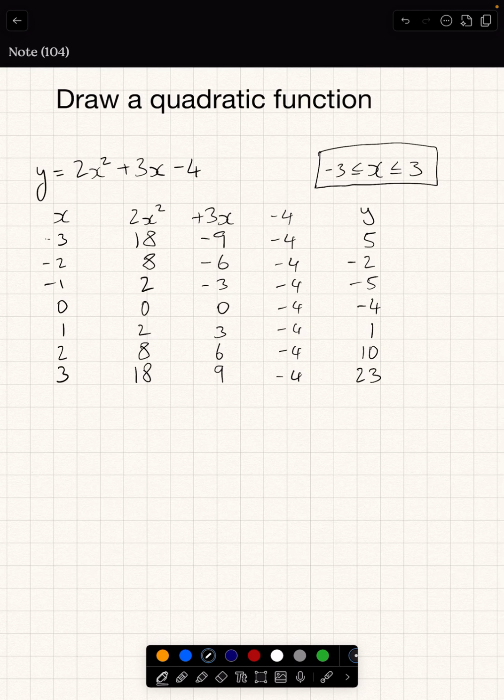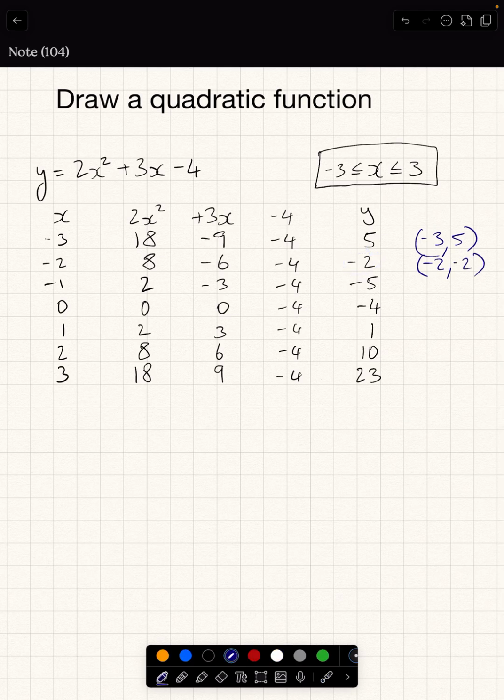there's our pairs, our points that are going to be on the graph. Our first one will be minus 3 paired with 5. So that would give us minus 3 comma 5. And then we'll have minus 2. When the input is minus 2, the output of our function is minus 2.